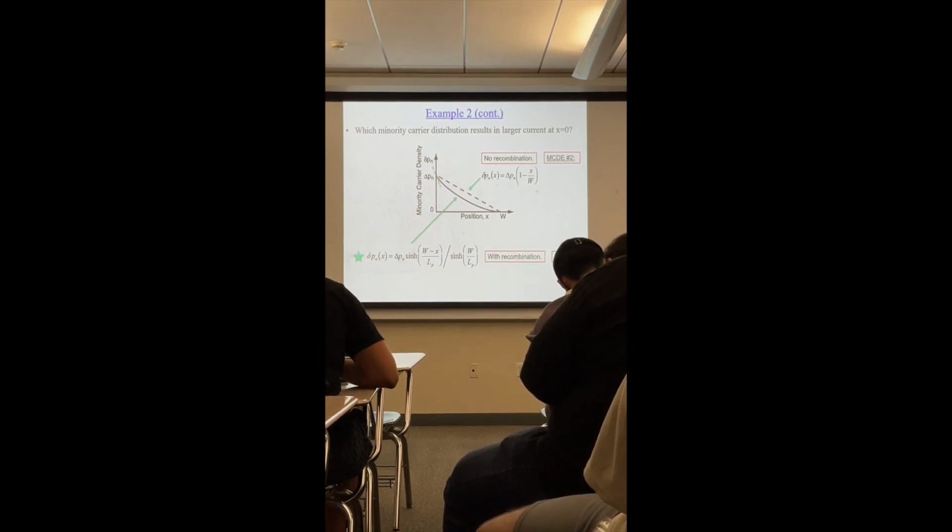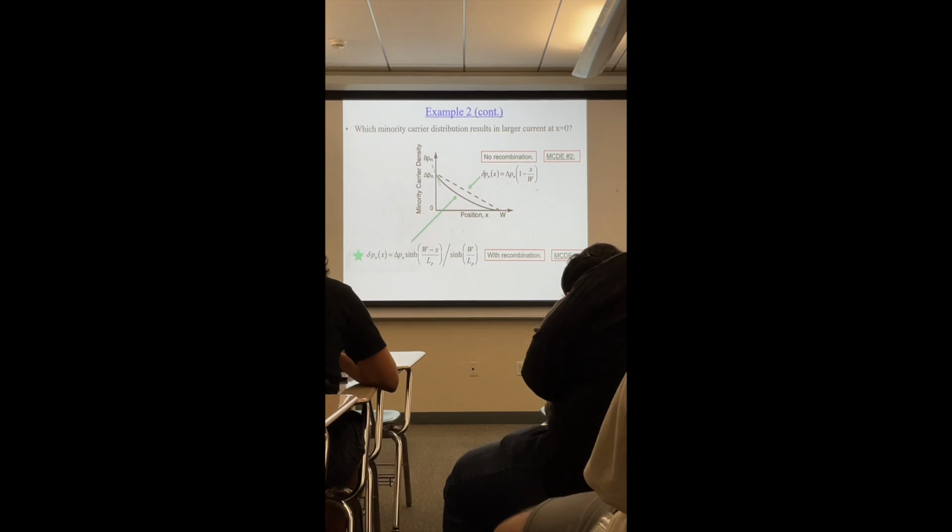So look at these two curves at x equal to 0. Which one has the largest slope? The solid line has the largest slope. And if there's a large slope, it means the current will be larger. So basically the current is proportional to the slope.